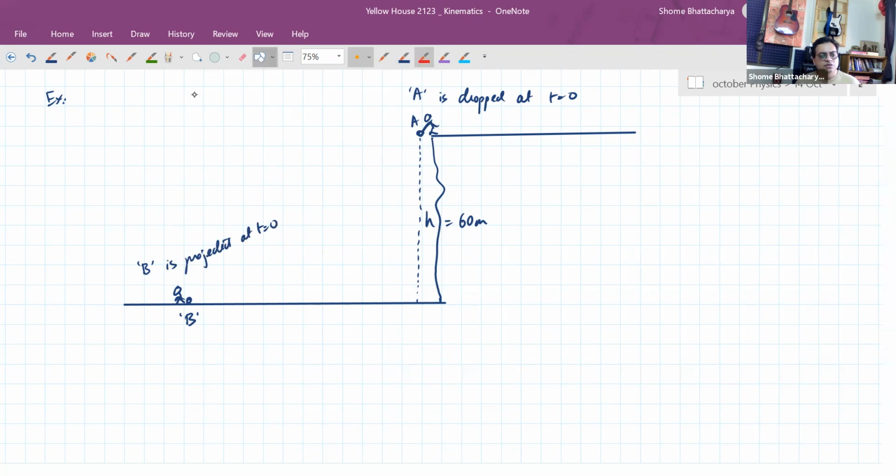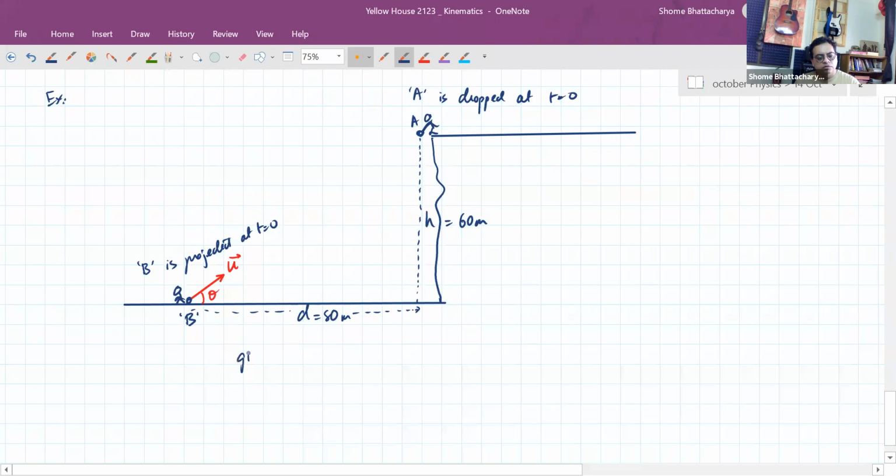Now B's projection velocity is like this, and B is projected from a point which is at a horizontal distance like this of 80 meters from here.